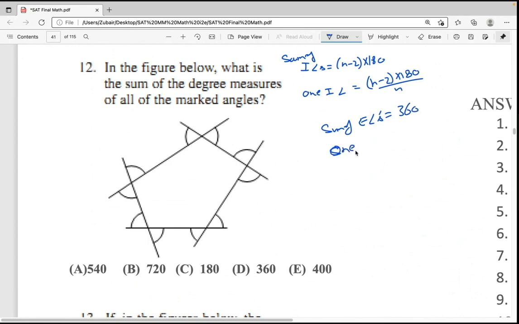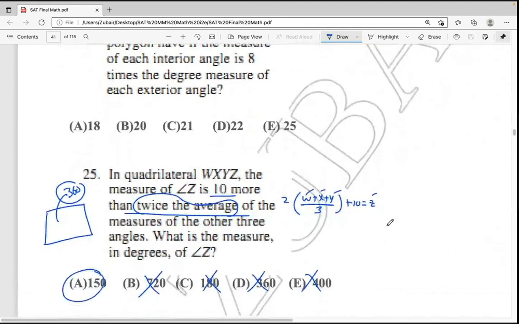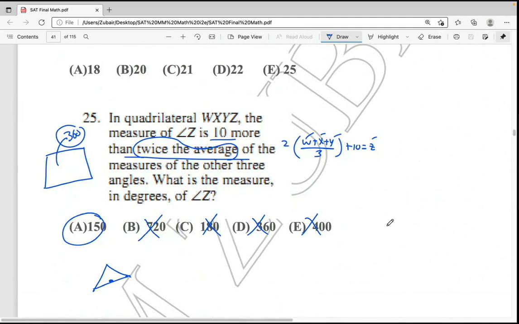Wait, sir, didn't you say you couldn't solve the last question that we did, the WXYZ one? No, you can't do that. You have four unknowns. I solved it though. What would you consider for w, x, and y? So I did w plus x plus y plus z equals 360.